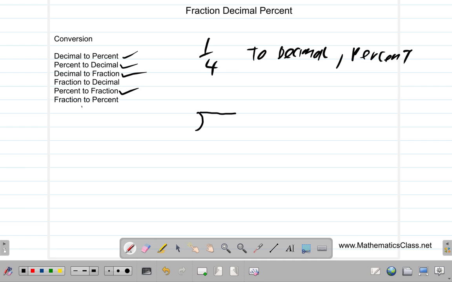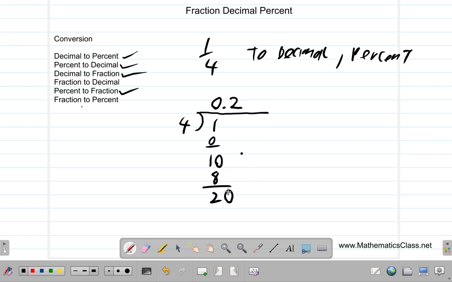So use long division. Say 1 divided by 4. 4 into 1, you can't, so 0 point. 0 times 4 is 0, 1 minus 0 is 1. Multiply the 1 by 10. 4 into 10: you have 2 fours in 10. 2 times 4 is 8. 10 minus 8, remainder 2.